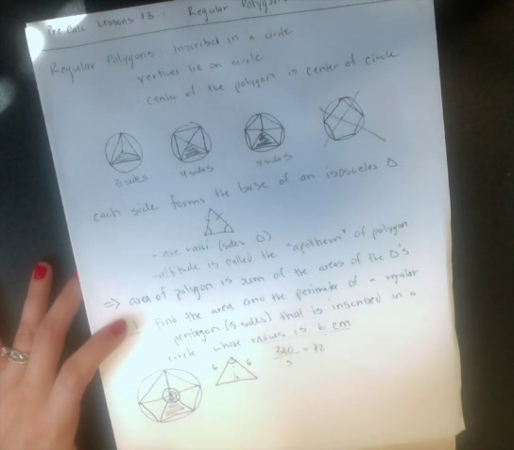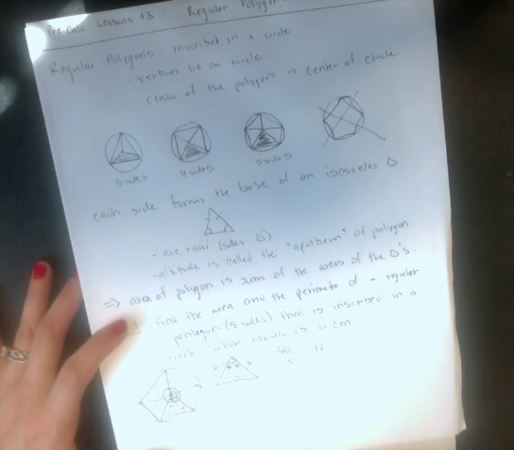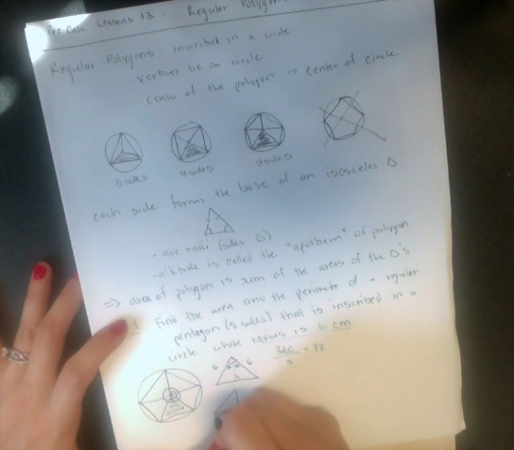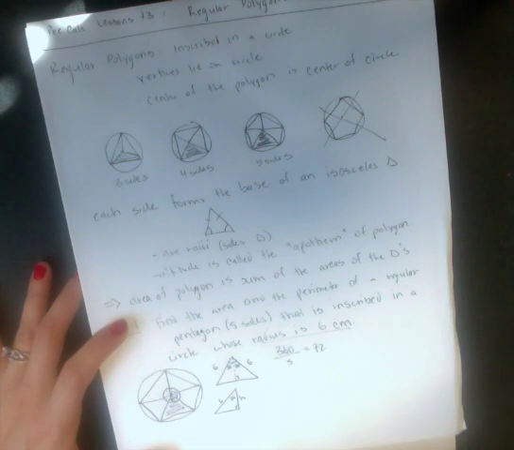My altitude bisects that angle, meaning that I cut each of these into 36 degrees. So now if I redraw one of those triangles, this is my height, this is 36, and this is 6.